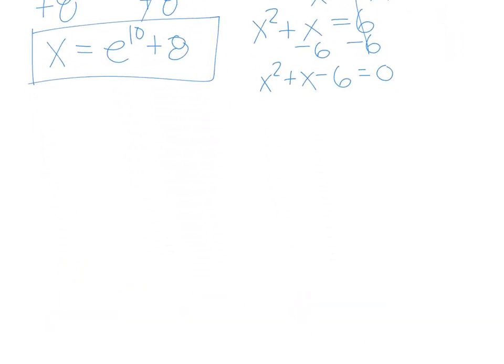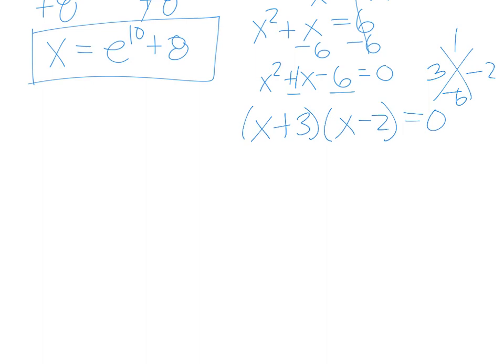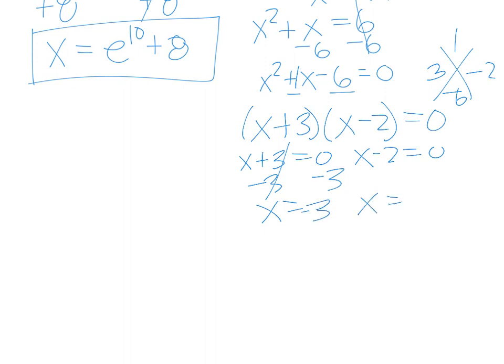All right, and then I'm going to factor now. So what two numbers add up to 1 and multiply to give you negative 6? That would be 3 and negative 2. So I have x plus 3 times x minus 2 equals 0. All right, so set both of these equal to 0 and solve, and I get, oops, it's a negative. Okay.